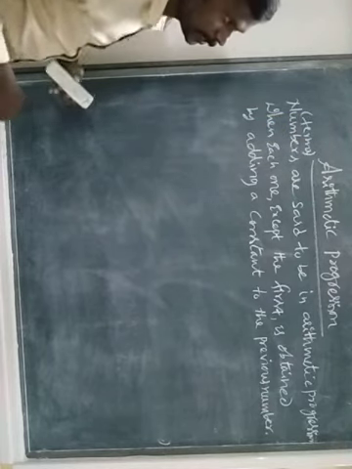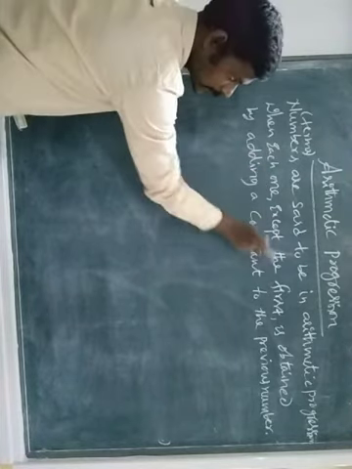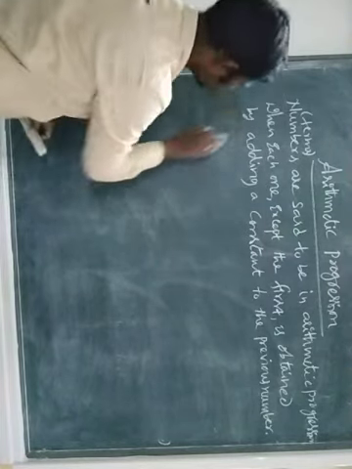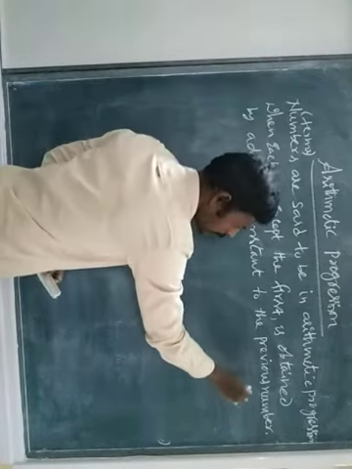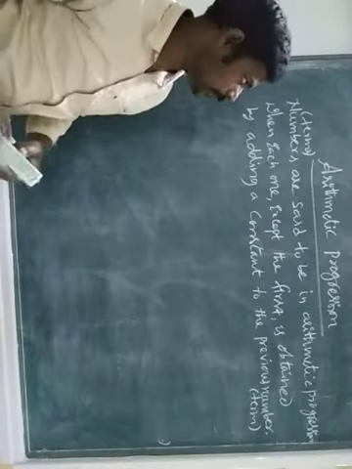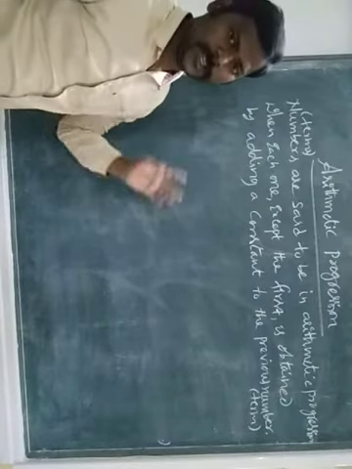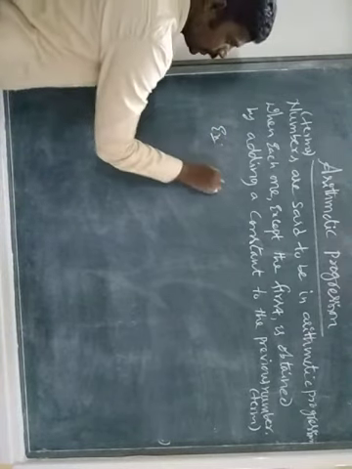Terms are said to be in arithmetic progression when each one except the first term is obtained by adding a constant to the previous number or term. We are applying numbers, that's the number series. It's very simple, children.